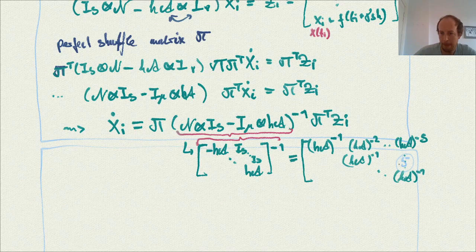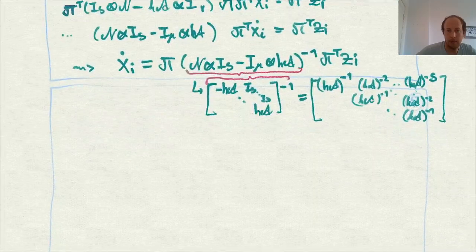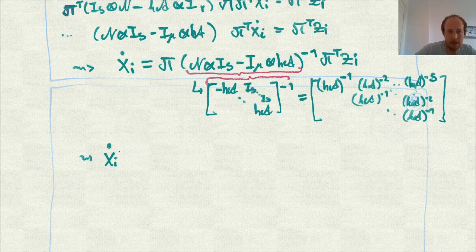Here also hA to the -2. This is the inverse of this matrix, meaning we have that the xi, this state value, is still this shuffle matrix.